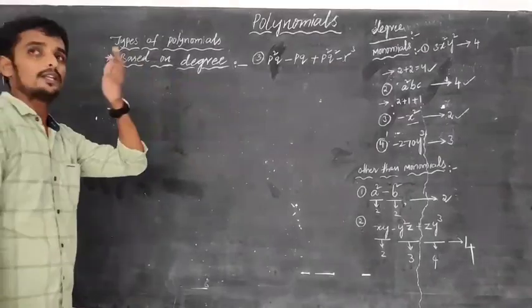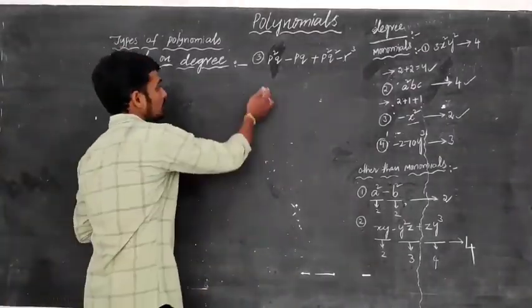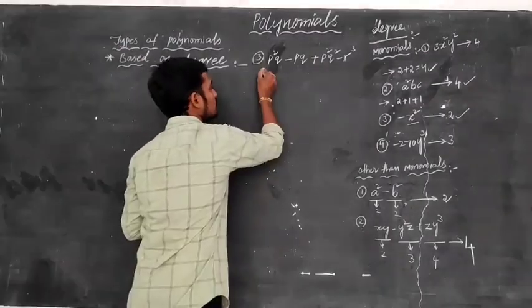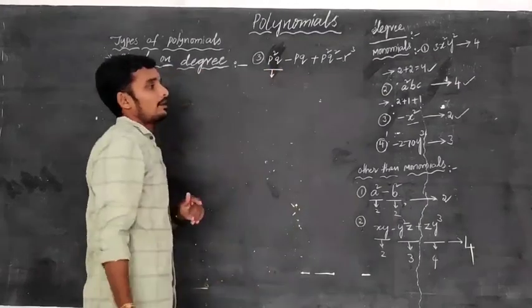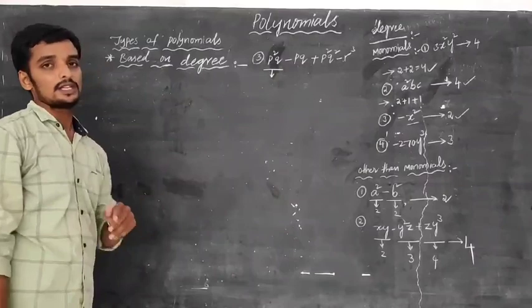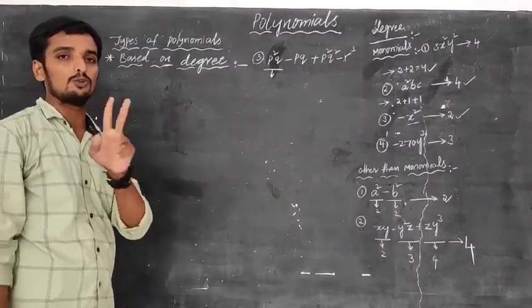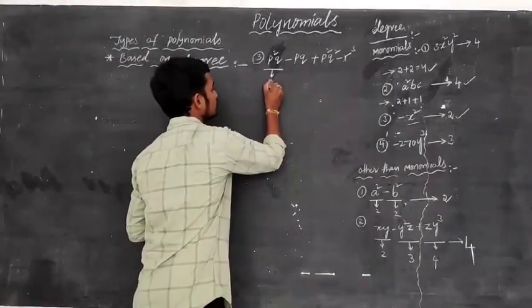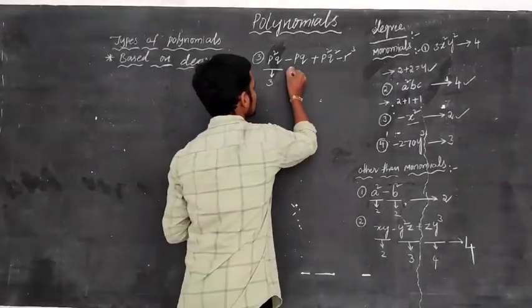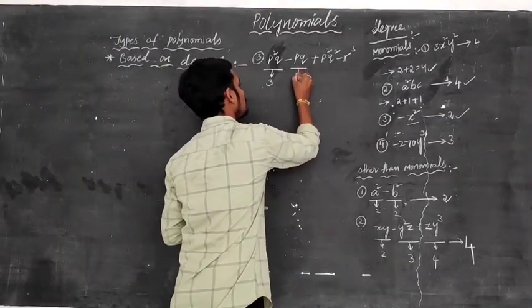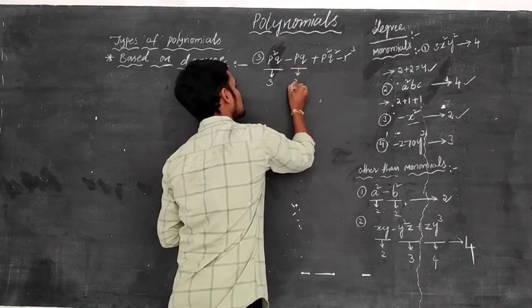So we can find the degree of this polynomial. This polynomial has 4 terms. First, the degree of the first term p square q: p has 2, q has 1, 2 plus 1 is 3. The same way, the second one pq: p 1, q 1, 1 plus 1 is 2.